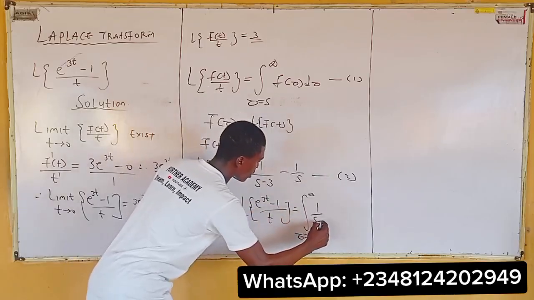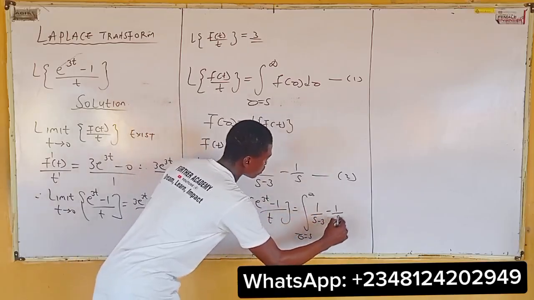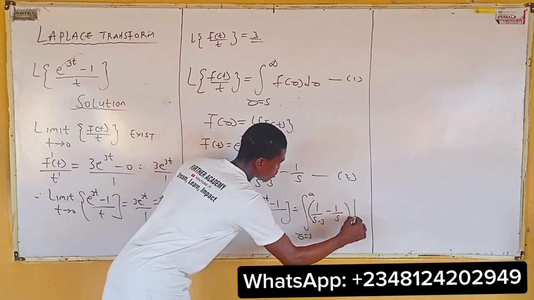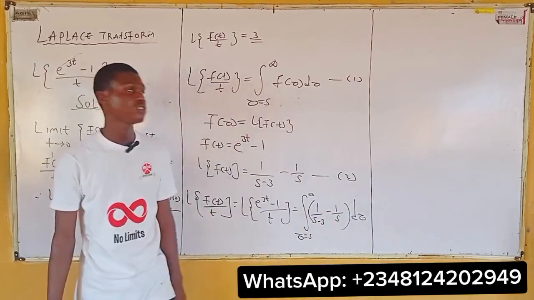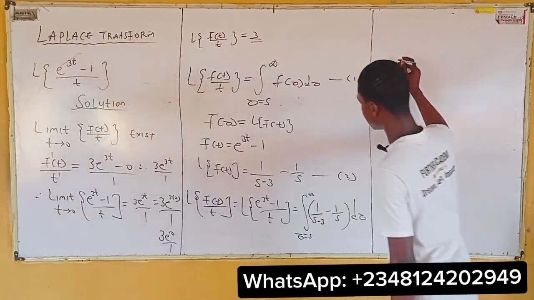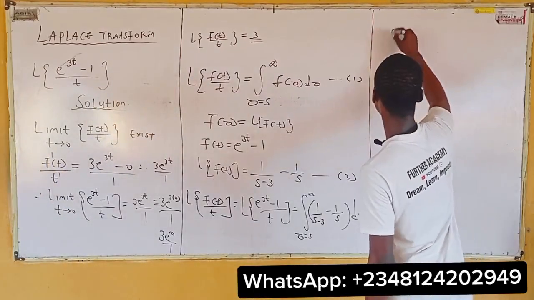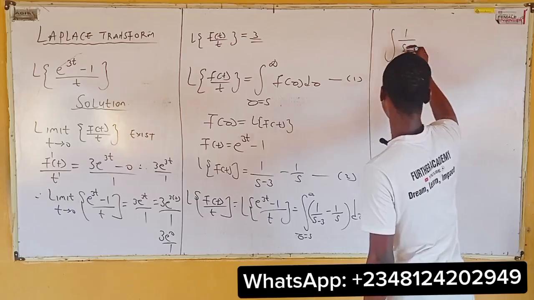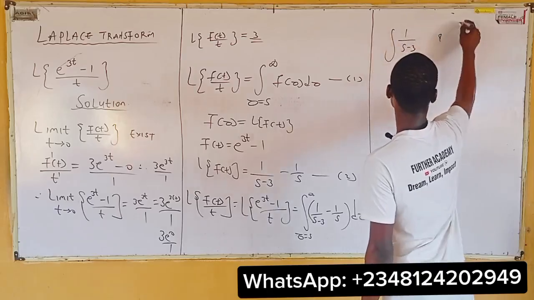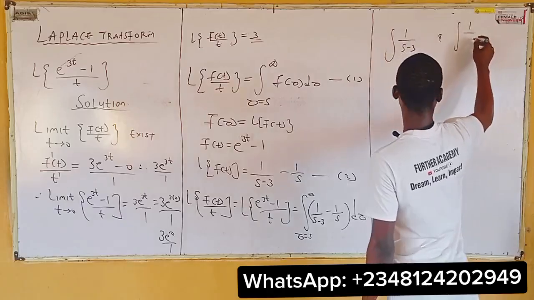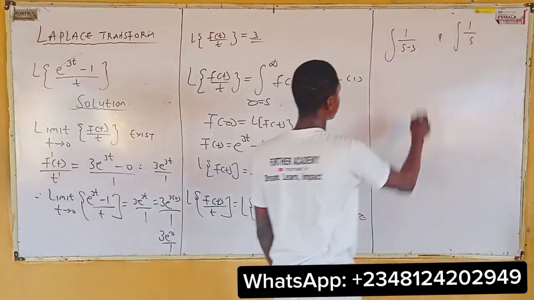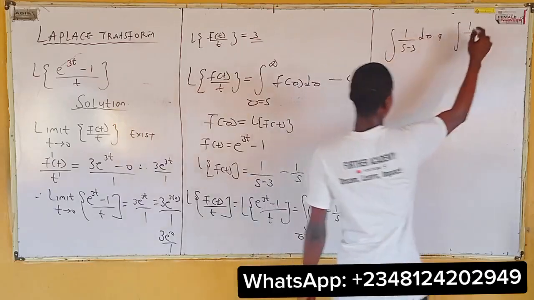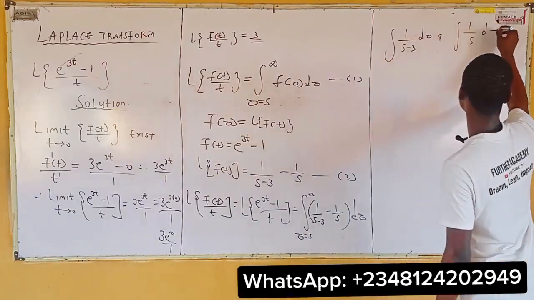This gives 1 over x minus 3 minus 1 over x with respect to sigma. All you just need to do here is to perform your basic integration. We have the integral of 1 over x minus 3 and the integral of 1 over x, each d sigma.